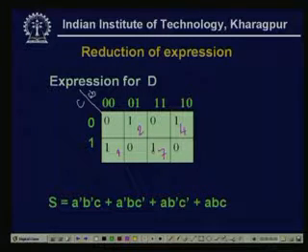So, these 4 min terms exist in the expression and these are nothing but A dash B dash C plus A dash B C dash plus A B dash C dash plus A B C, which is the same as that of our full adder circuit.